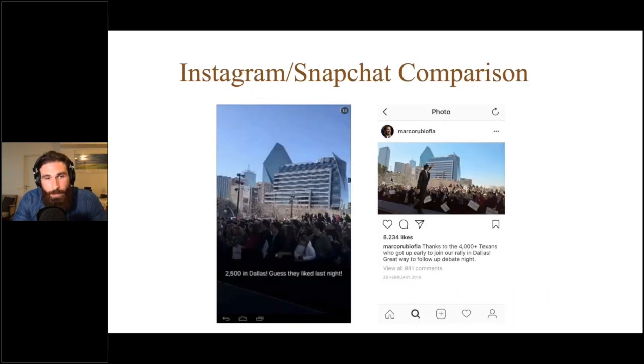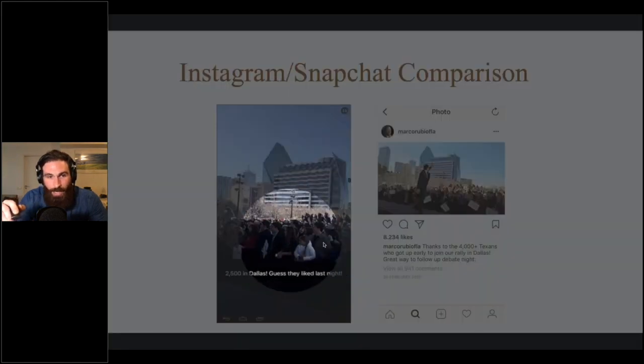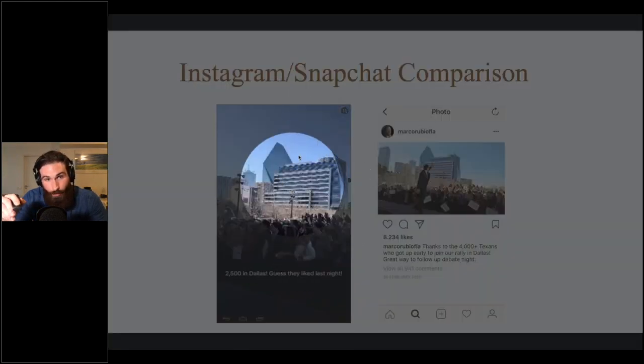If we look at an example of the same event, on the left you have Snapchat, on the right you have Instagram. You'll see that on Snapchat, supporters are kind of waiting for the candidate. The phone cannot really take in these objects that are farther away, they're pixelated.